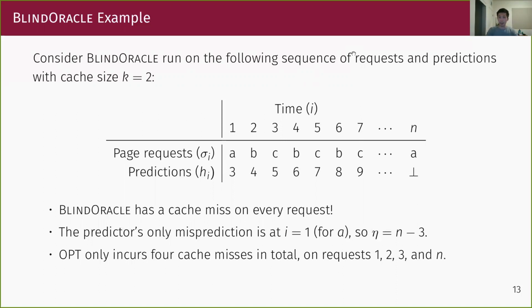It incurs cache misses on the first 3 pages, and then it incurs a cache miss on the last page request. So this example shows that blind oracle is actually very far from robust, and that there exist simple examples where the competitive ratio of blind oracle scales linearly in the prediction error eta.